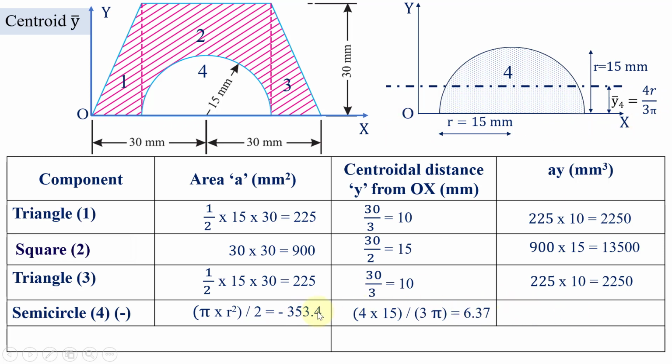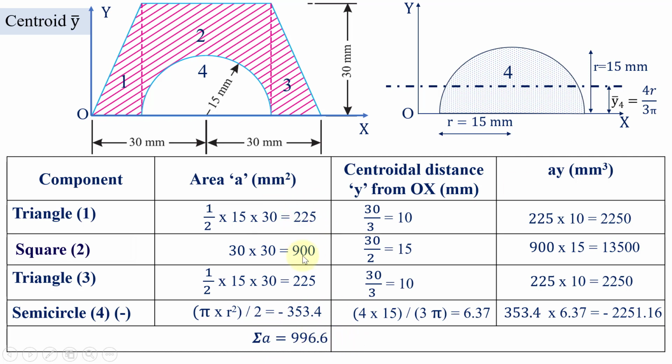Now we are going to multiply these two things. So we got the value minus 2251.16. Now we have calculated the area and centroidal distance of all those four elements. So first let us calculate the sigma A, that is the entire area, which is 996.6 millimeter square.